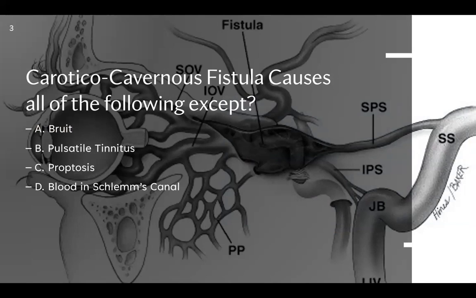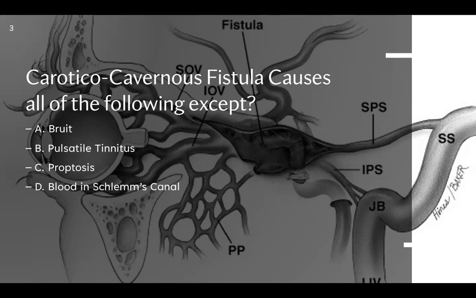And you can lock in your answers. Caroticocavernous fistula causes all of the following except bruit, pulsatile tinnitus, proptosis, and blood in Schlemm's canal. Some of these are clinical, some of these are on examination when you need to use a gonioscope to see blood in Schlemm's canal. But all these features overlap in a lot of other conditions.